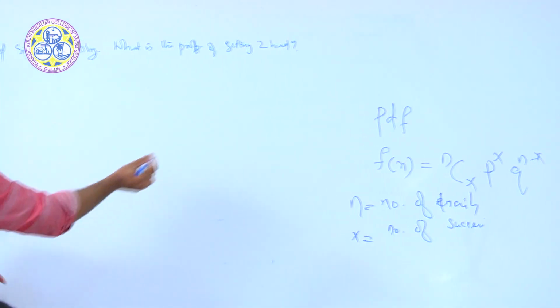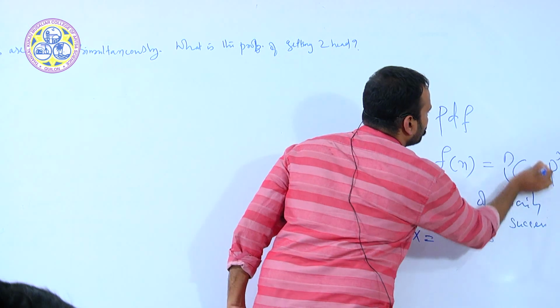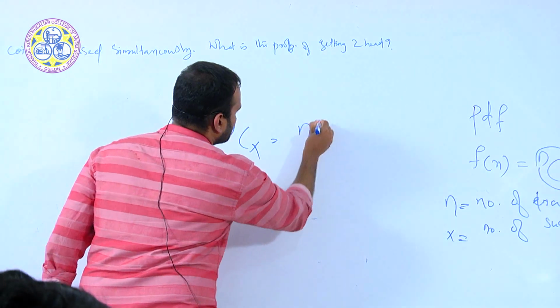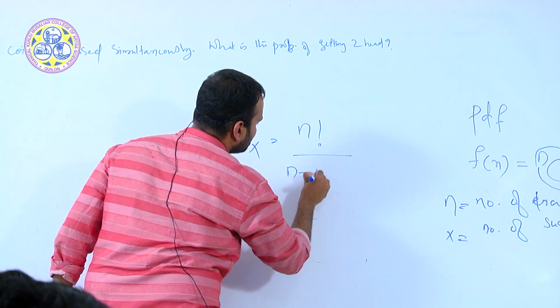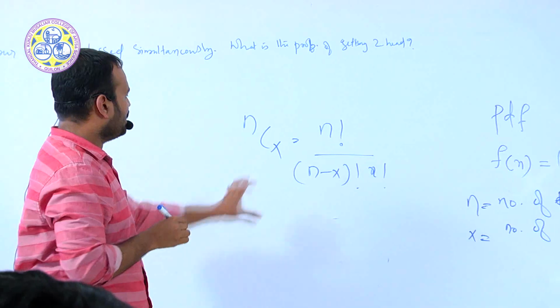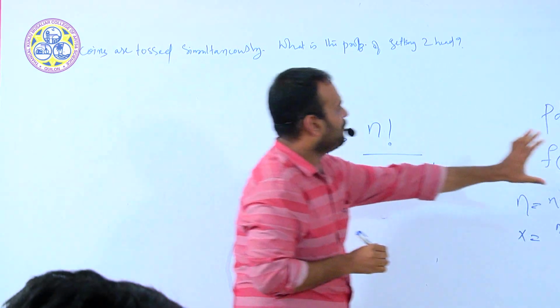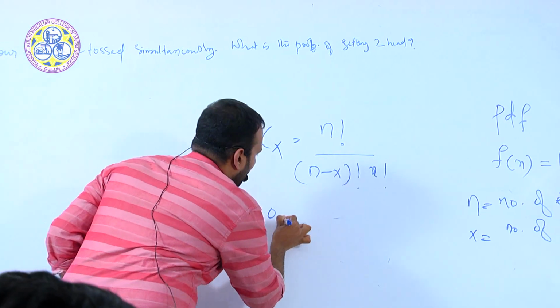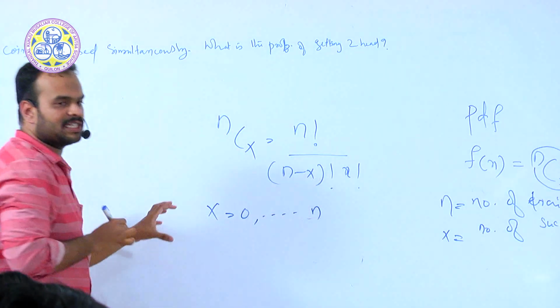Then the combination term, nCx, is equal to n factorial divided by n minus x factorial into x factorial. This is the basic combination. And the value of x runs from 0 up to n.